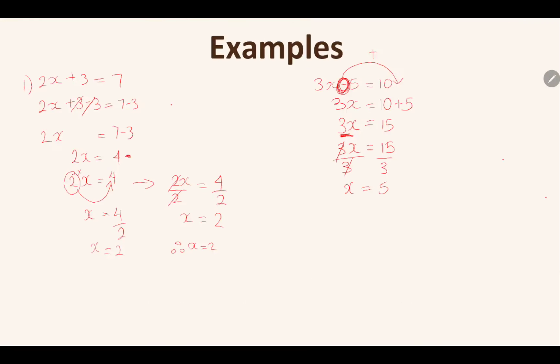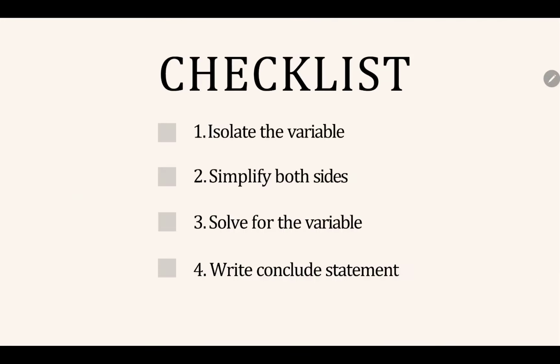And we've done a couple of examples in the previous slides. Now remember, this is the checklist that you should follow or keep handy for a test. The checklist: isolate the variable, simplify both sides, solve the variable, and write the concluding sentence or statement.